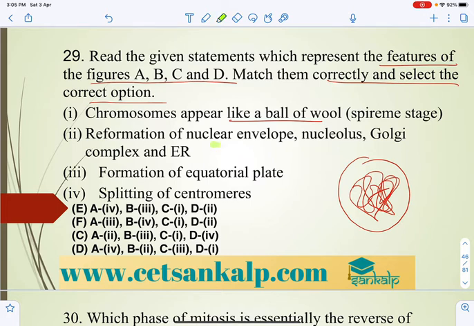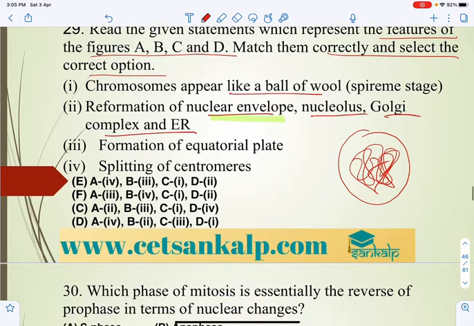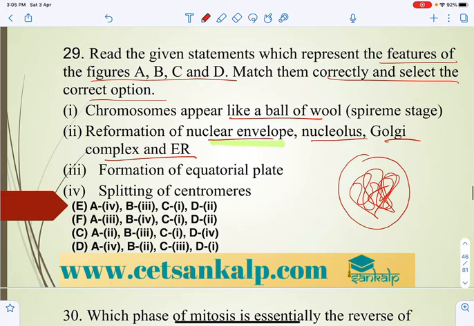And reformation of nuclear envelope, nucleolus, Golgi complex, which will take place. So that reformation takes place in telophase. We have to arrange the changes which are going to take place. So the first one, what is that? Splitting of centromere in anaphase.